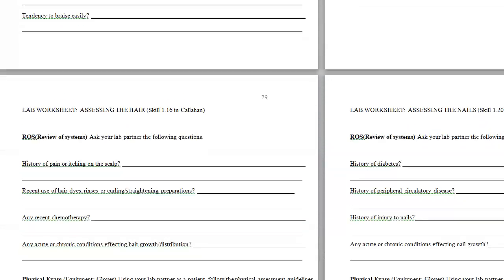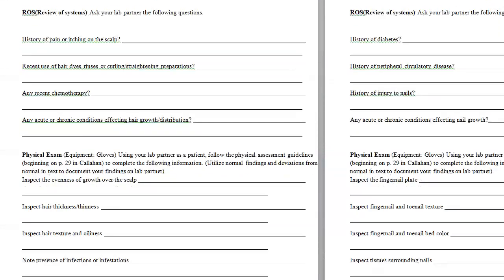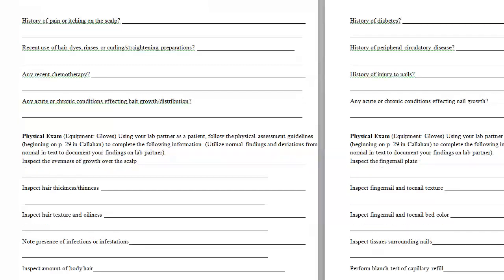And then again, assessing the hair. Very important, okay, because the texture and the quality of that hair could signify other problems. Patients who develop thyroid issues may have changes in the quality of their hair, so it's very important that you do assess the patient's hair.